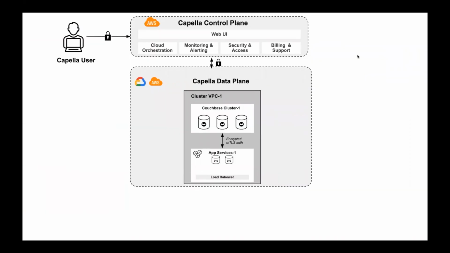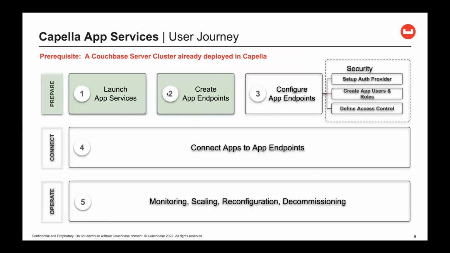At the conclusion of the previous part of the demonstration, we have essentially deployed an app services cluster. The cluster of Sync Gateway nodes that's deployed is fronted by a load balancer, the app services cluster, and is connected to the backend Couchbase server cluster. So moving along in the user journey, now that we have our Couchbase server cluster, we have launched app services.